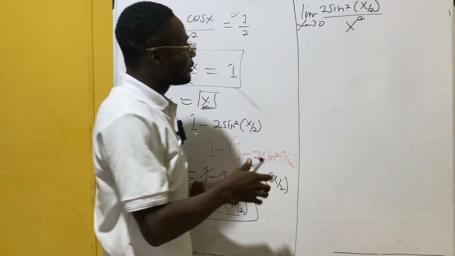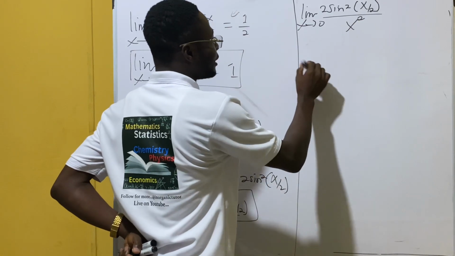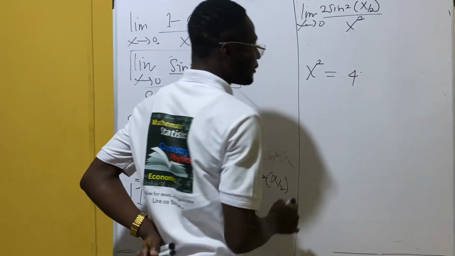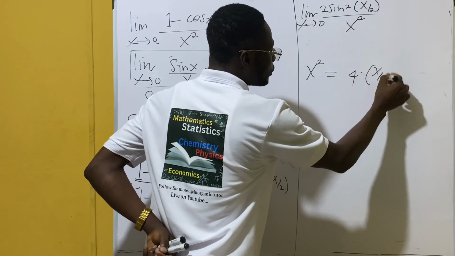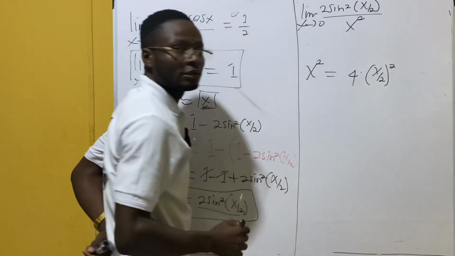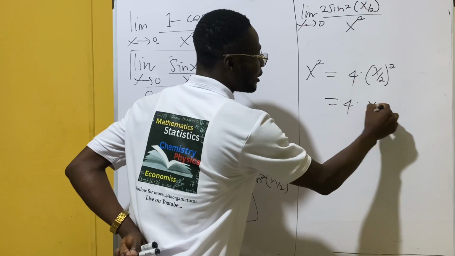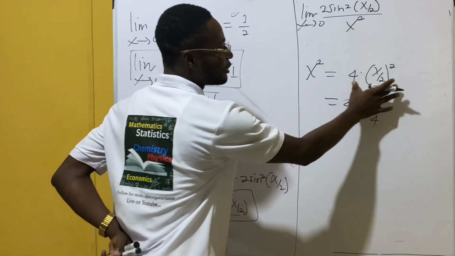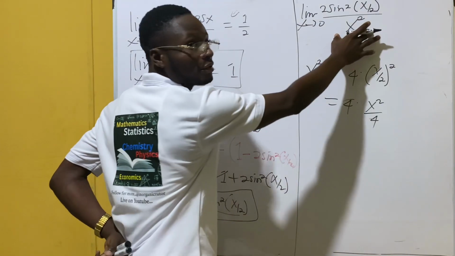Let's consider x squared. x squared is the same as 4 times x on 2, all squared. You know why? Expand this and you get x squared on 4, and basically the 4s cancel, so this is equal to this. So we substitute this into this.